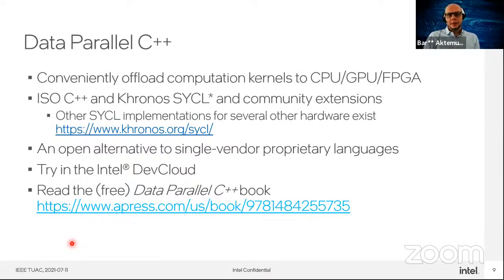A very nice property of DPC++ is that it allows us to conveniently offload kernels to a variety of architectures: CPUs, GPUs, FPGAs. And the code that I've shown you requires no change at all to be run on CPU, on GPU, or, with some changes, on FPGA.